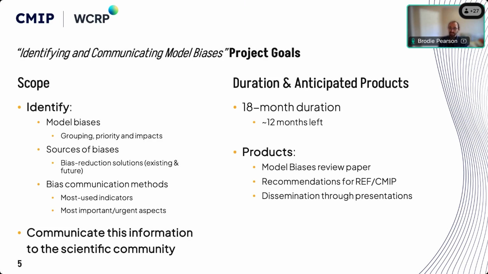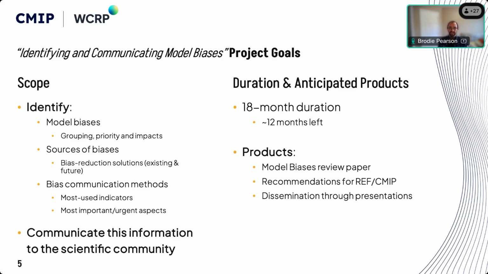Some are contrasted using indexes or indicators or modes, which are derived variables from those data. And then also communicating which are the most important and urgent aspects of these biases to try and be addressing in future scientific endeavors, like which ones are most important to try and reduce or account for. And then communicating this information to the scientific community.